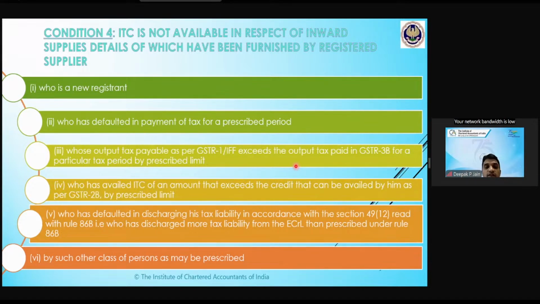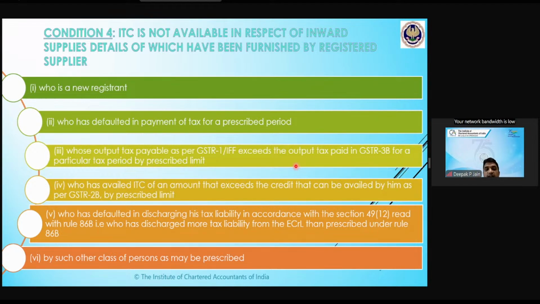It applies when it is a new registrant, or one who has defaulted in payment of the tax, or who has output tax payable more in GSTR-1 than GSTR-3B, or who has availed ITC more than what is appearing in his GSTR-2B, who has defaulted in discharging the tax under section 86B, or any other person as may be prescribed.